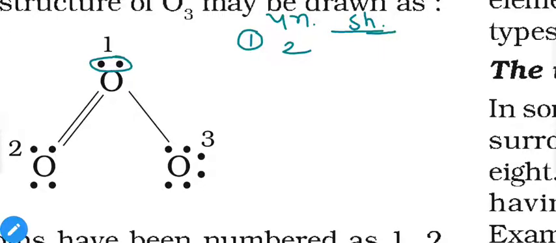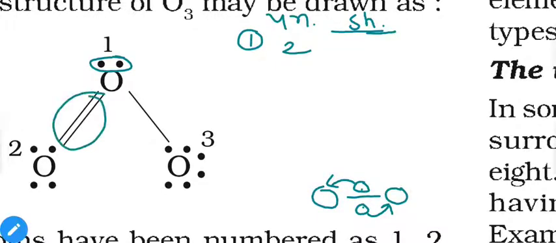As mentioned earlier, we will assume that if we have one bond between two different atoms, then 2 electrons will be used in this bond, and both atoms will get 1 electron. Between the first and second oxygen we have a double bond. That means a total of 4 electrons will be used. Out of 4, 2 electrons belong to the first oxygen and 2 belong to the second oxygen.